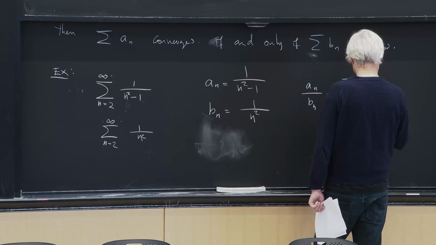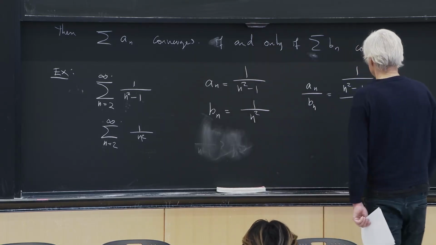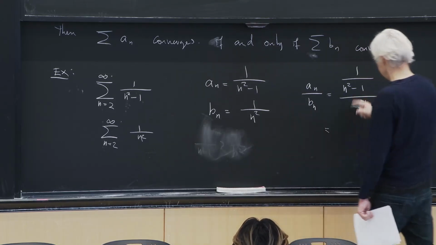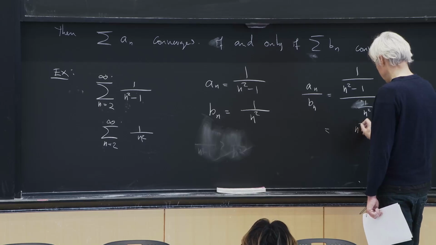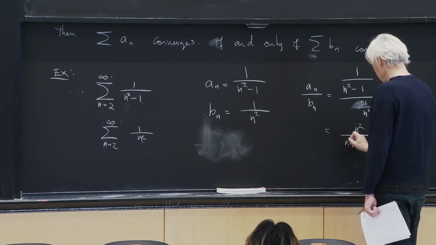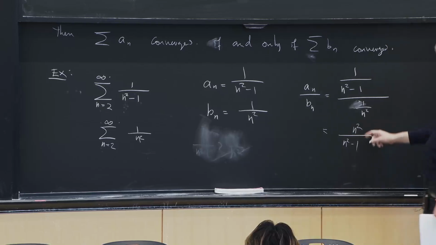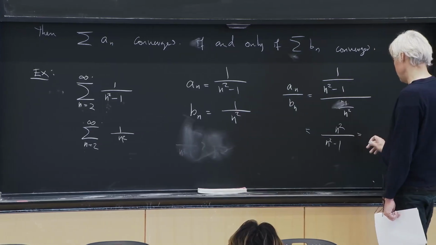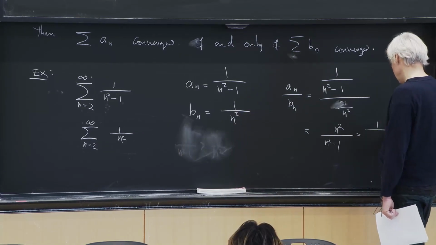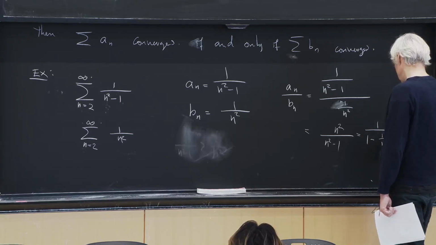This is the same as n squared over n squared minus 1. Now you can divide by n squared in both numerator and denominator, so you're getting 1 over 1 minus 1 over n squared.